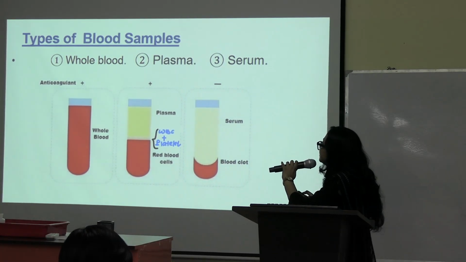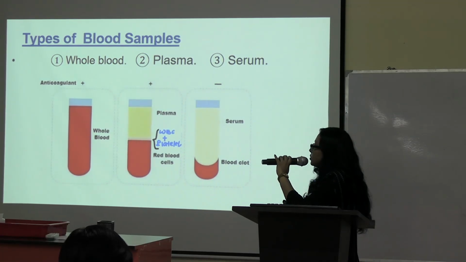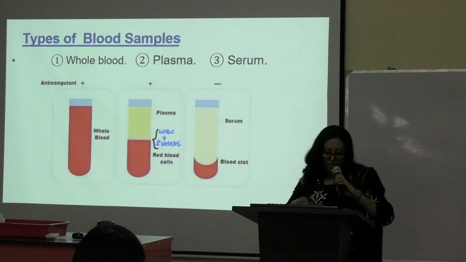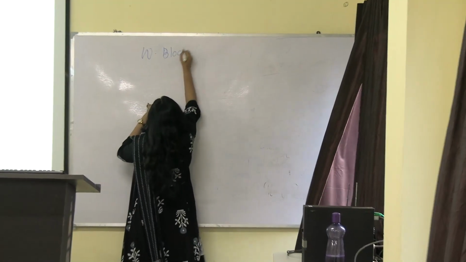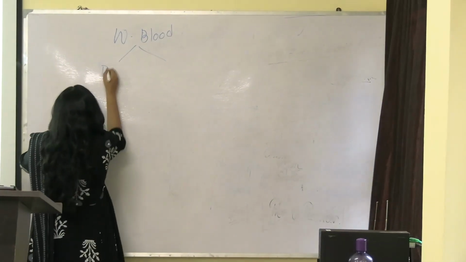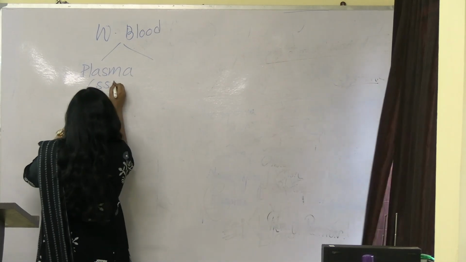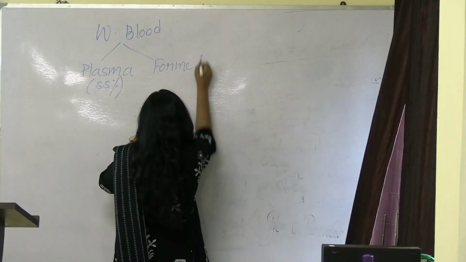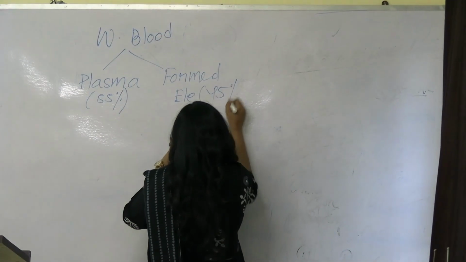Now, as you can see, the types of blood sample are whole blood, plasma and serum. So what is the difference between these? Whole blood basically consists of plasma, which is 55%, and formed elements, which is the rest 45%.